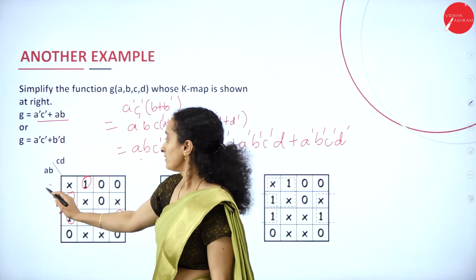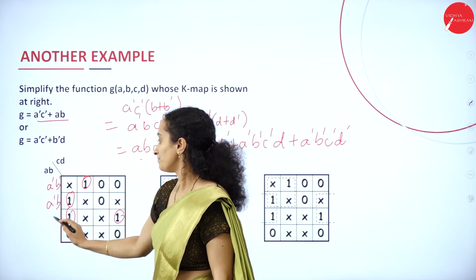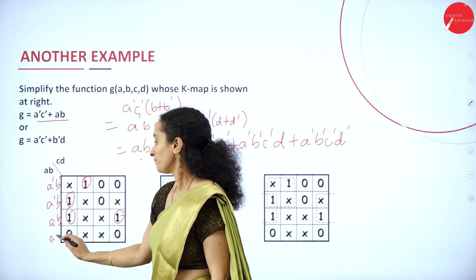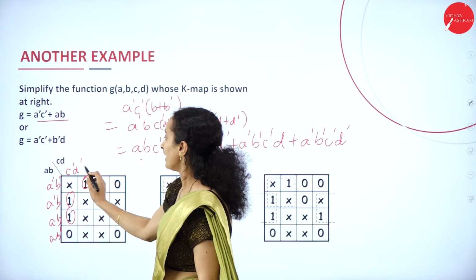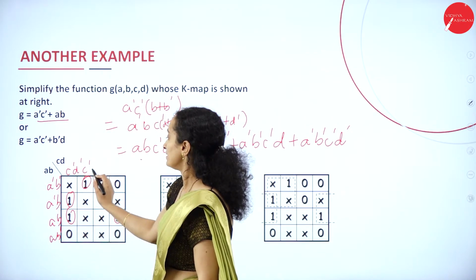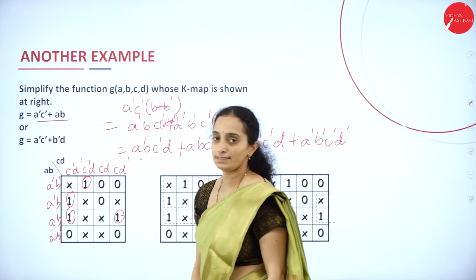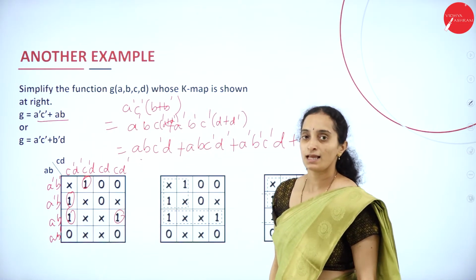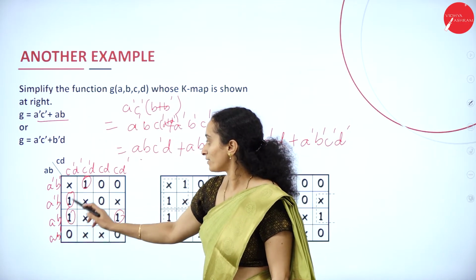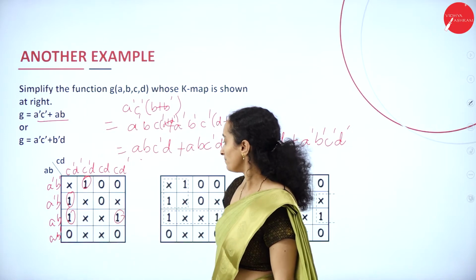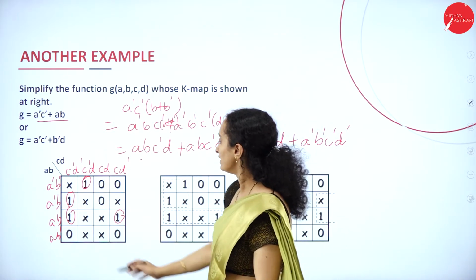Okay, here we have A dash, B dash, A dash, B, AB, AB dash. Now we have C dash, D dash, C dash, D, CD, C into D dash. The first expression is A into B into C dash into D. Then we have A into B into C dash into D dash.